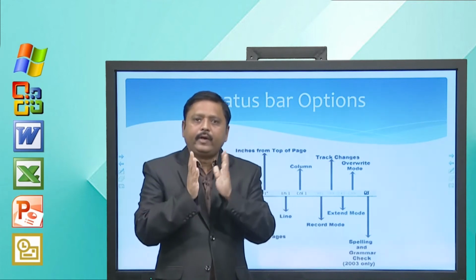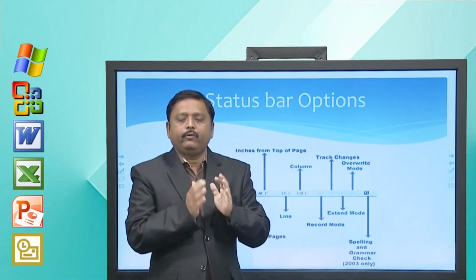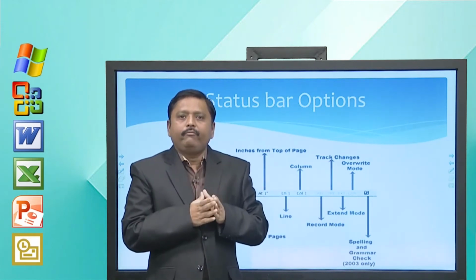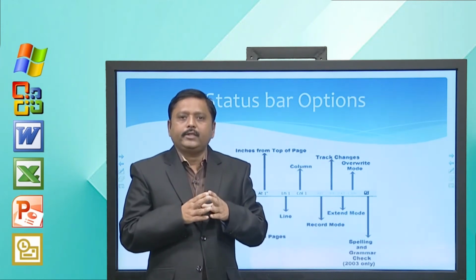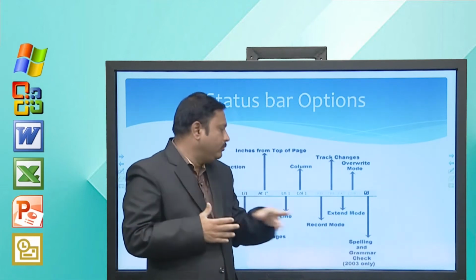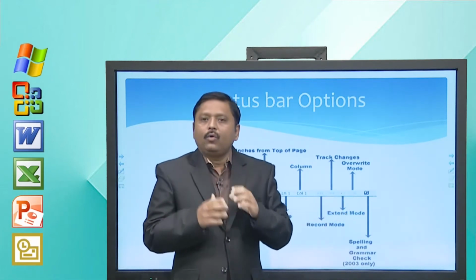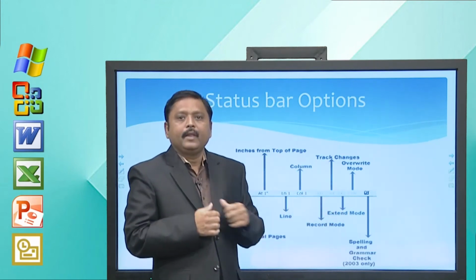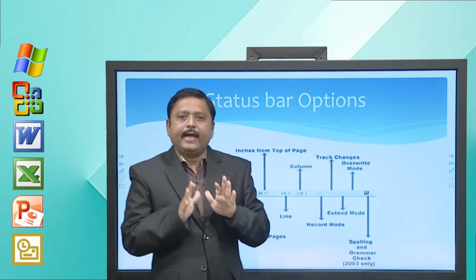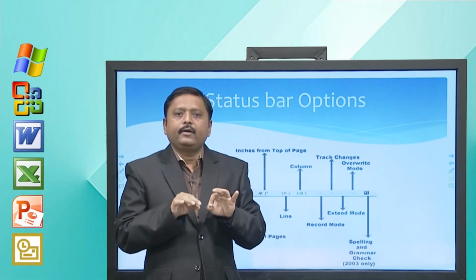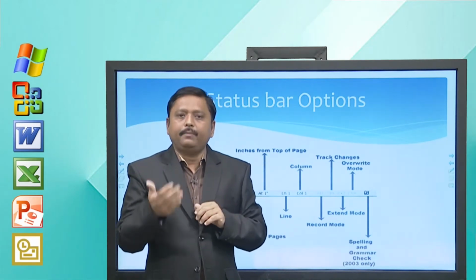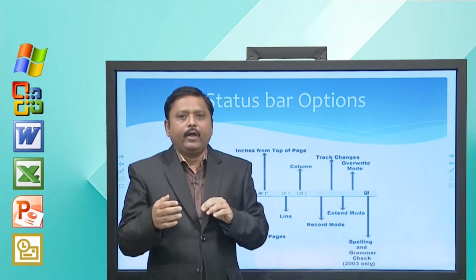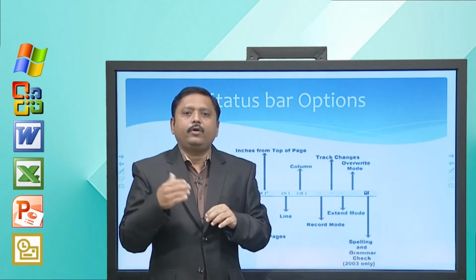Now, this overwrite mode is very useful for us. The others we will discuss later on, but right now we will try to understand what OVR is. So, what does this OVR indicate? If it is gray like what is shown on screen, then it means that you are inserting text. Now, suppose there is an Insert key on your keyboard, and it is pressed, then what will happen?